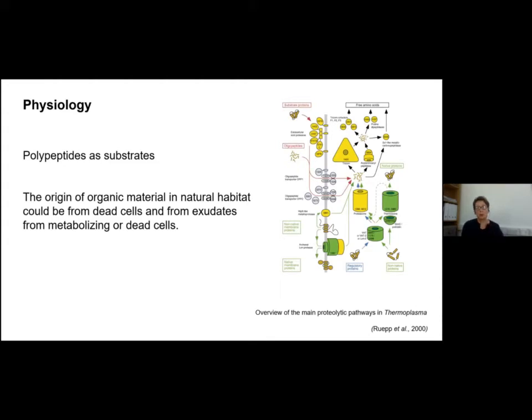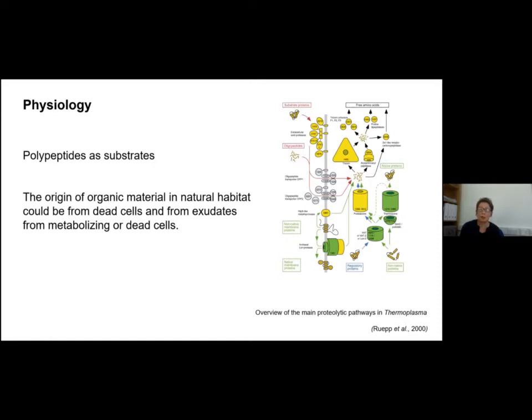What is the physiology of Cuniculiplasmas and of all Thermoplasmatales in these types of environments? They are mostly organotrophs, using organic material in natural habitats coming from dead cells or from exudates of metabolizing or dead cells. So they're scavengers, mostly scavengers.